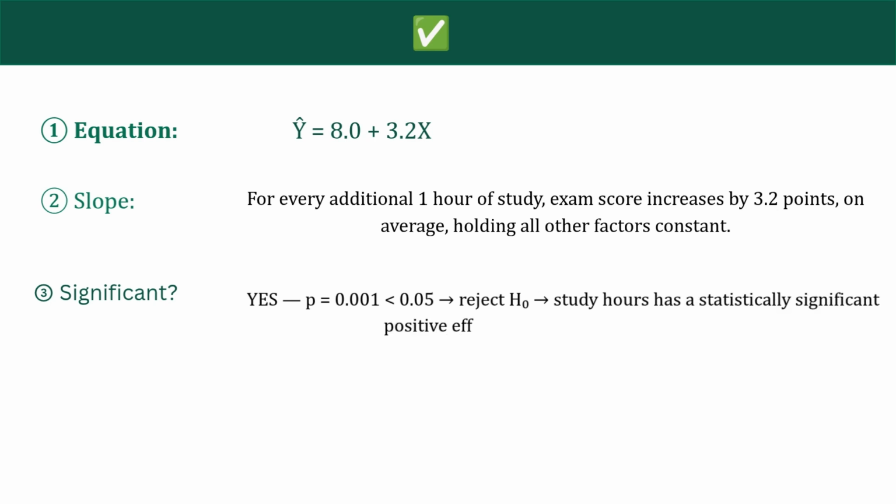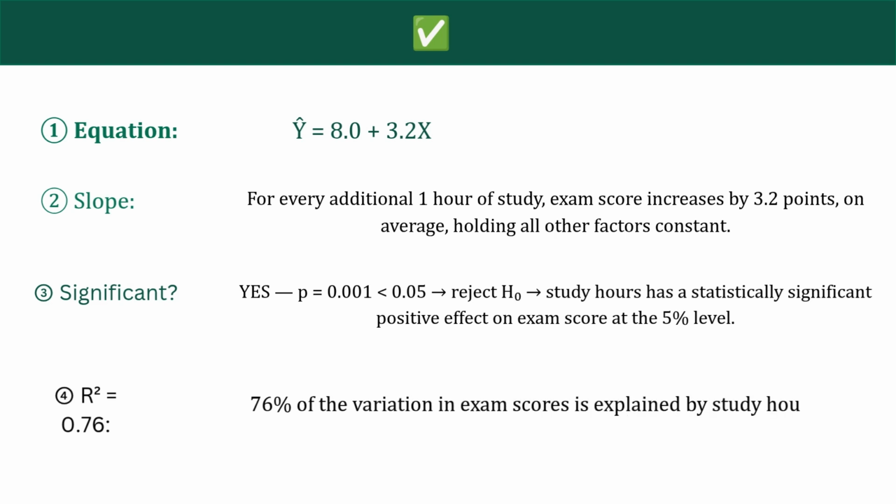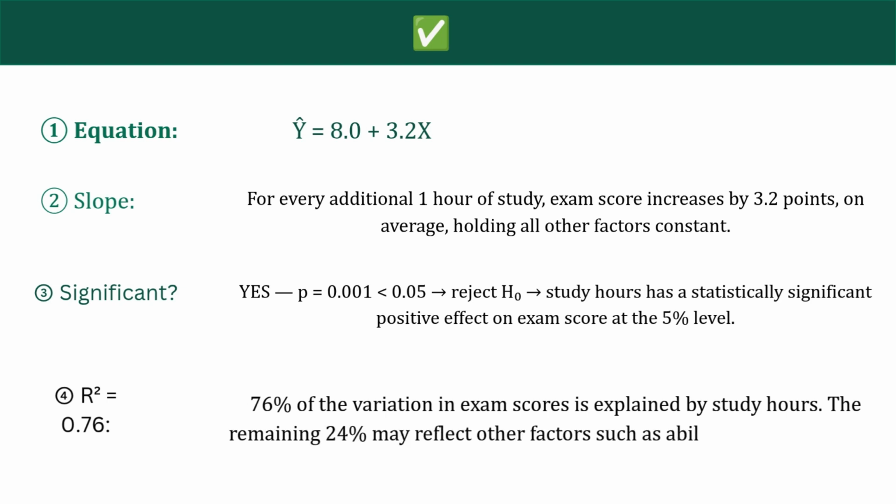Reject the null. Study hours has a statistically significant positive effect on exam score. 4. 76% of the variation in exam scores is explained by study hours. The remaining 24% may reflect other factors. Ability, sleep, revision style. Got all 4?